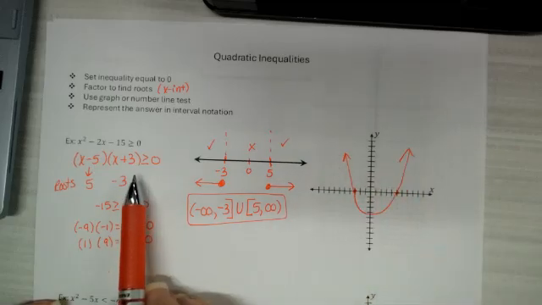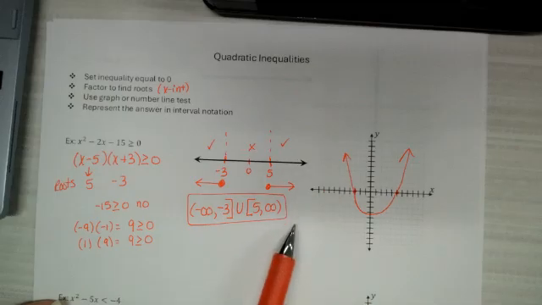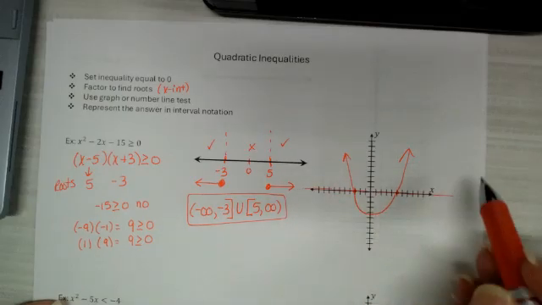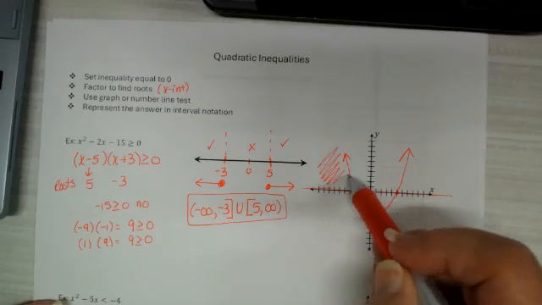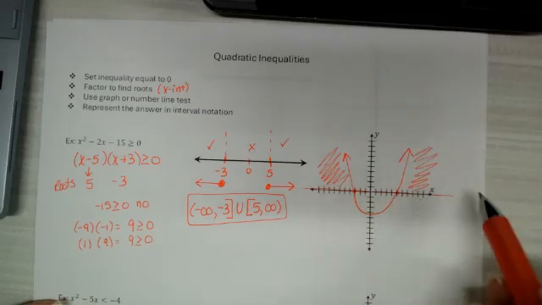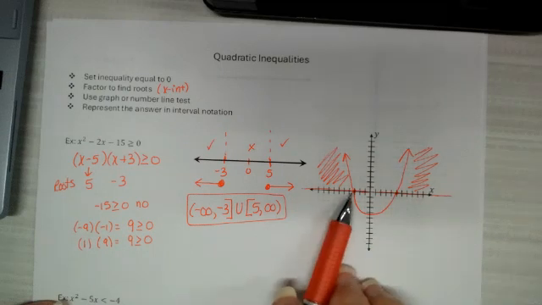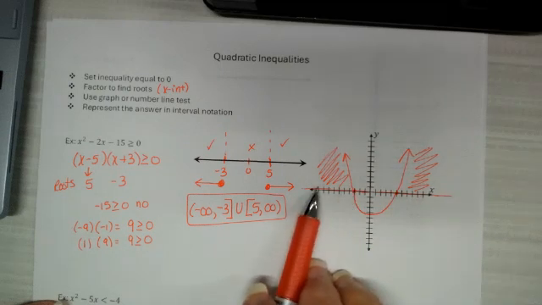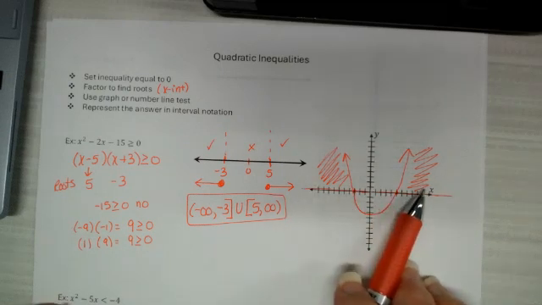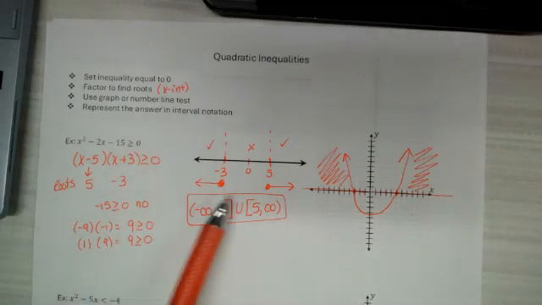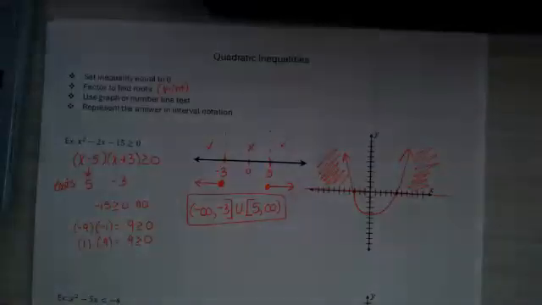So the question would be, where is this graph bigger than 0? Well, here's 0. It's bigger than 0 out here and out here, because the middle is below 0. So my answer would be less than or equal to negative 3, greater than or equal to 5. It says use a graph or a number line to test it. You've got both of those options.